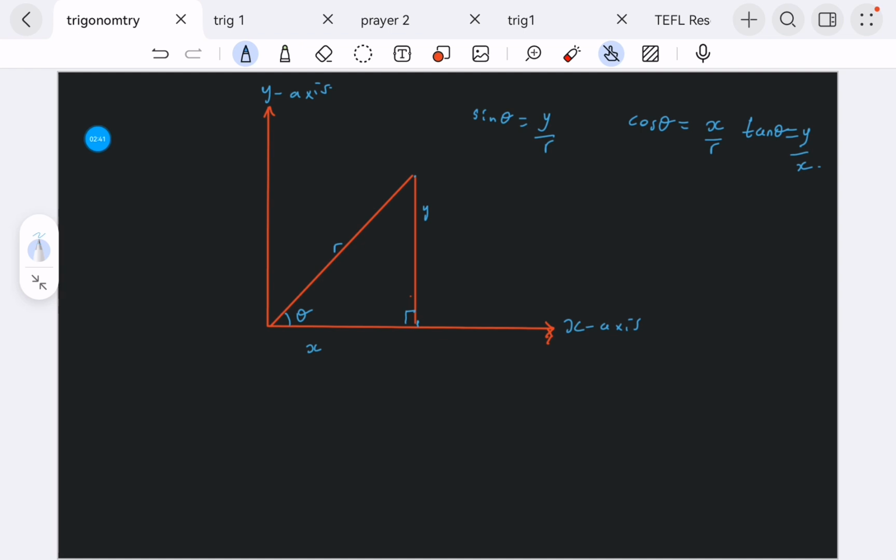So if we make the y the subject of the formula, that means this is going to come here, okay? How do we do that? In the layman's language, you multiply both sides by r, and then the r cancels, okay? And then we shall remain with only this with an r here, okay? And the same thing happens here.